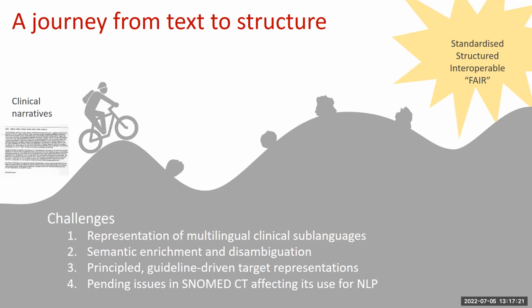So the first one addresses the terminology side of SNOMED, also with a focus on multilinguality. Then the second one focuses on the ontological part of SNOMED, where it's about semantic enrichment and disambiguation. And then I will talk about the need to have really principled guideline-driven target representations.